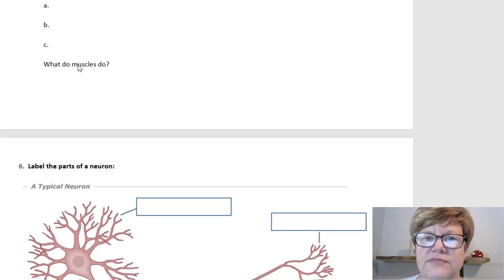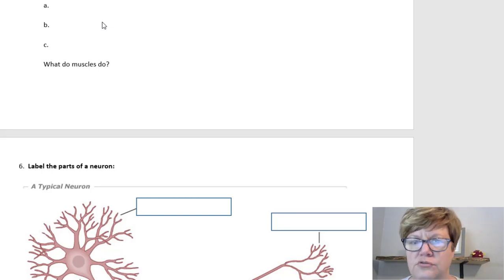The 3 types of muscles, so we're talking about smooth, striated, and cardiac. The only one that is voluntary is striated. That means you can choose when to contract those muscles.